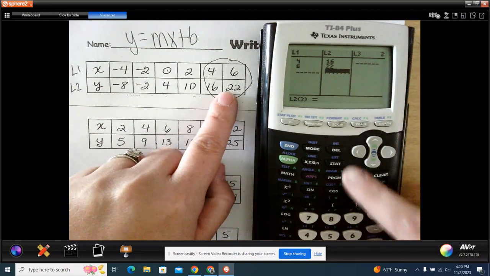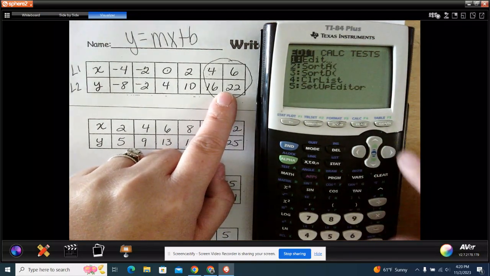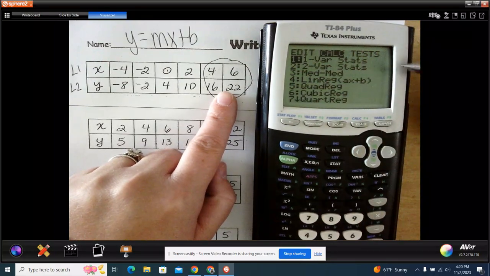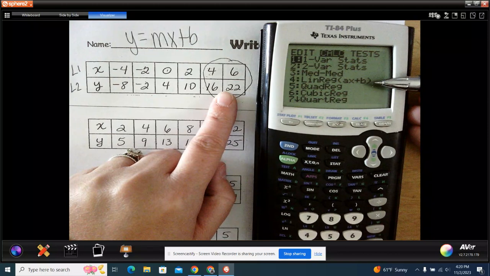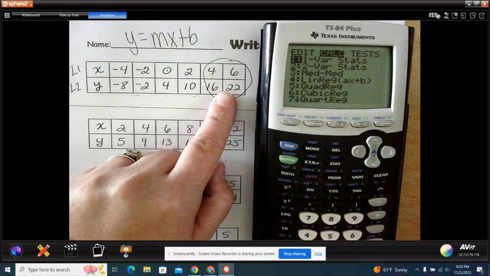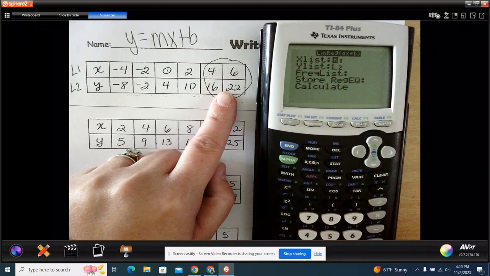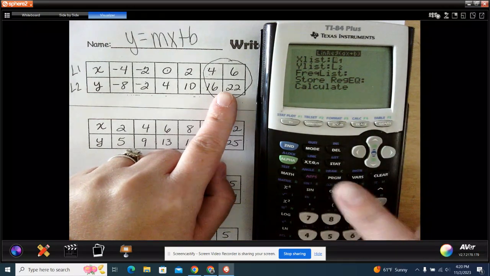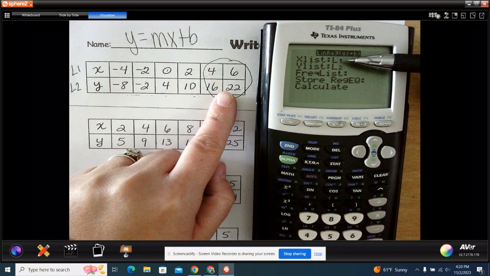Next, we're going to hit stat again. This time we're going to arrow over to calc, and then we're going to press number 4, which is called linear regression. This is going to give us our equation for our table. So here's what it looks like.